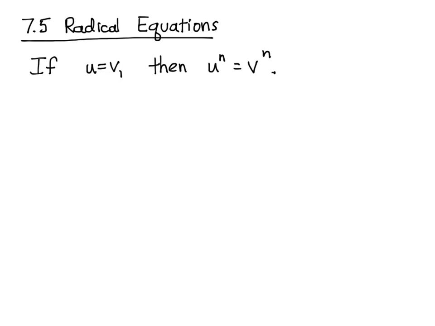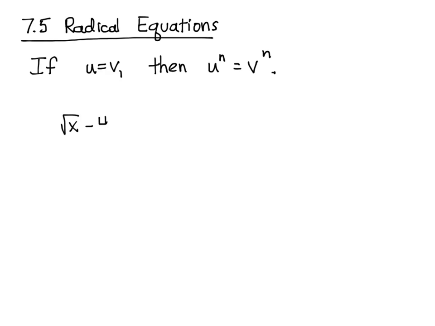In this case, of course, when we're using radicals, n will be a fractional number. So if u has, let's say, a radical in it, like square root of 2, or v has a square root of 2, then we can square both sides and we get rid of that square root.